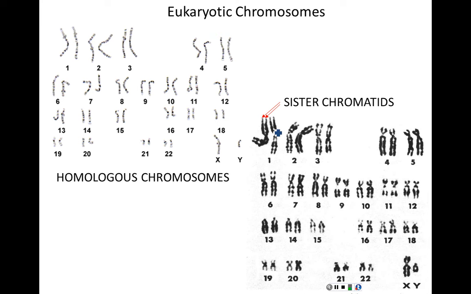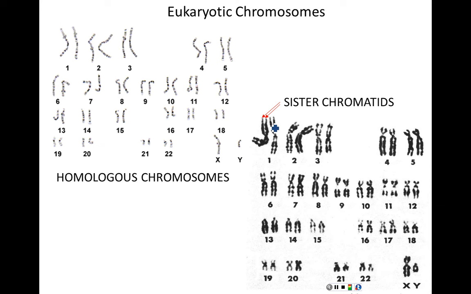These two chromosomes, this one and this one, are homologous, not identical, from mom, from dad. But the two molecules that are stuck together, the two sister chromatids, are the result of DNA replication, and they are identical. This is one green 3 of an UNO deck. This is the other green 3 of the UNO deck.